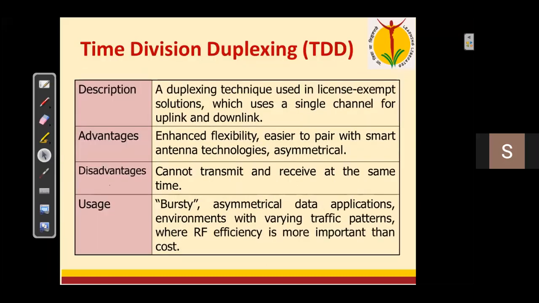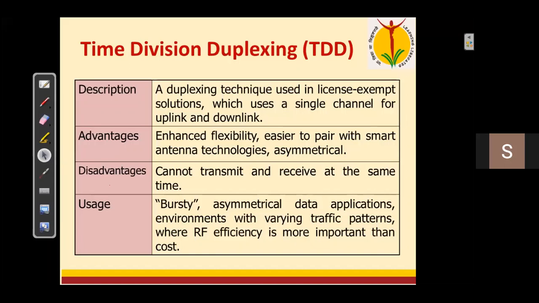In time division duplexing, only one channel is used for both transmitting and receiving the data, so we can either transmit data or receive it. On both sides we require a pair of smart antennas, and the data rate for the uplink and downlink is asymmetrical.